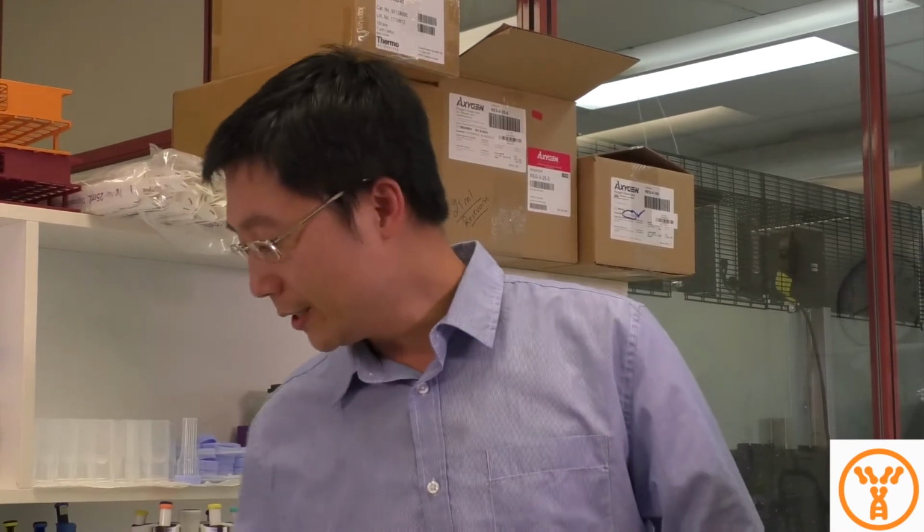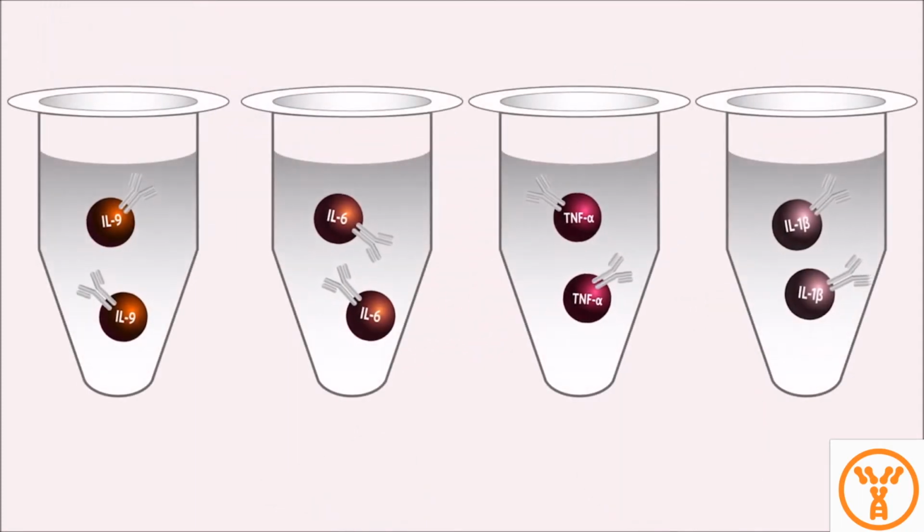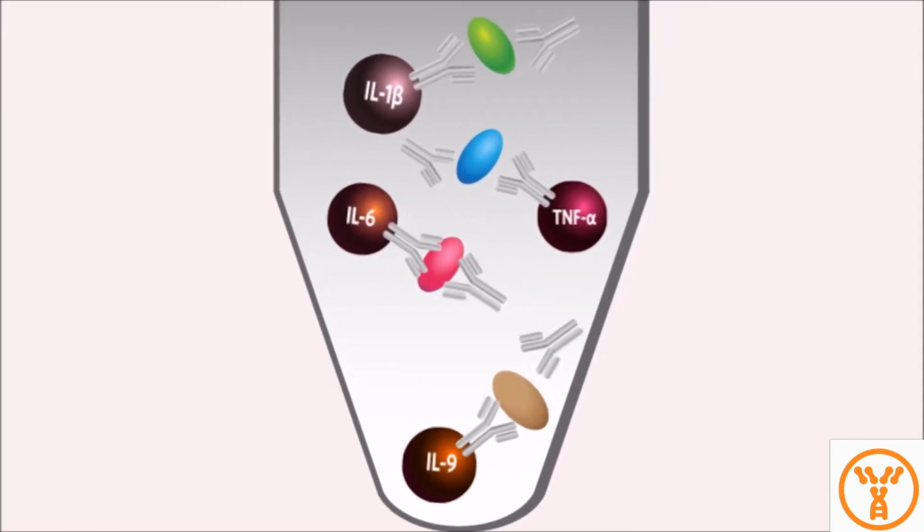That's great, Tom. Can you tell us a little bit about how multiplexing is actually performed? So there are two main technologies used in multiplexing, but both are essentially based on ELISA. For example, the first type, which is the bead-based, is performed in a 96-well plate like this one. Antibodies specific for individual cytokines are coupled to beads of different colors, and these beads are then incubated with the sample of your interest to allow the cytokines to bind.